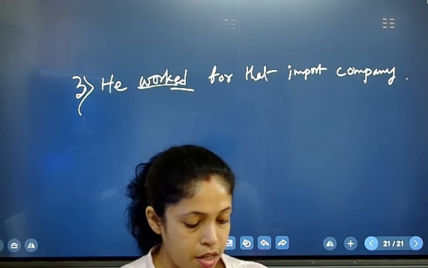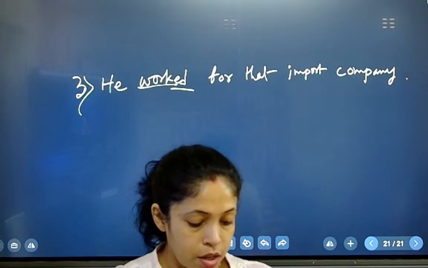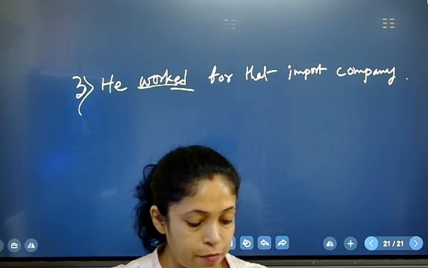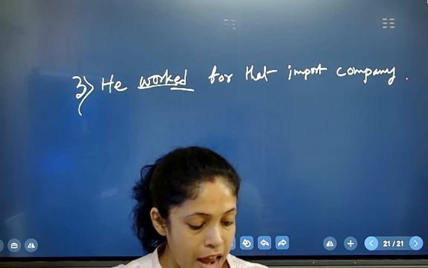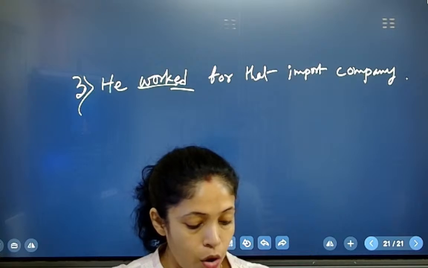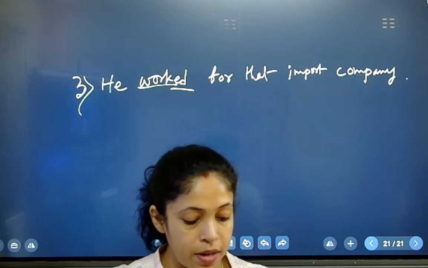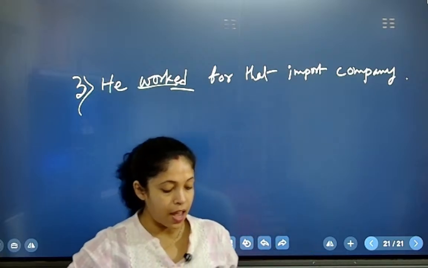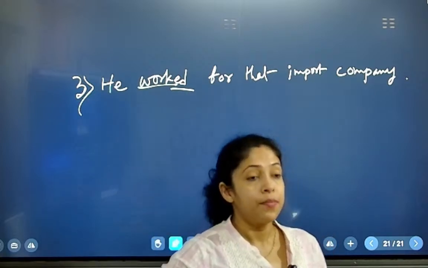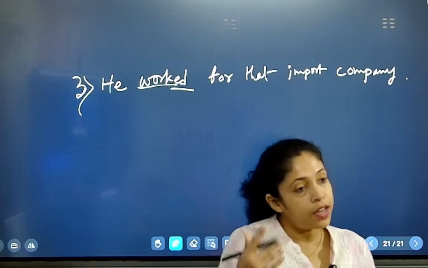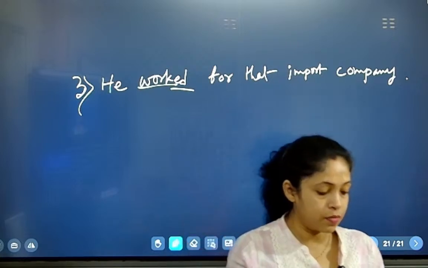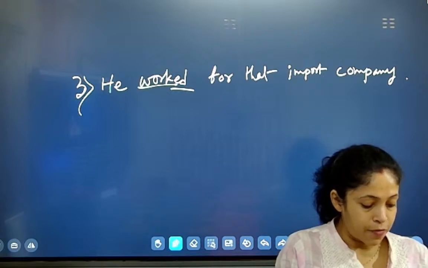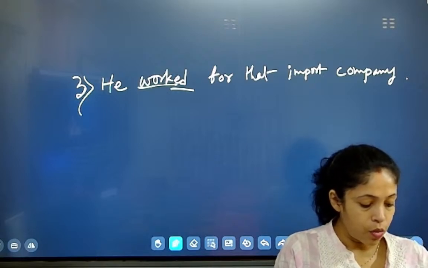Yes, he had worked for that import company for more than 10 years, and he worked in almost every department. Nobody knew the company like he did. So in the first part we have written "he had worked." Why? Because he was already fired. And after that we have used "worked."